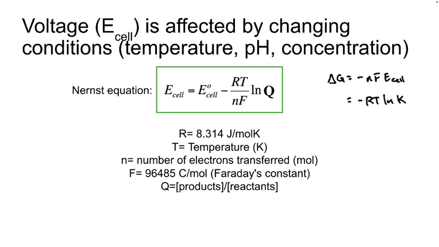Right? pH. How could pH affect our cell potentials? That becomes a harder question, particularly because I don't think we talked about it in this class. We didn't talk about balancing under acidic or basic conditions, right?